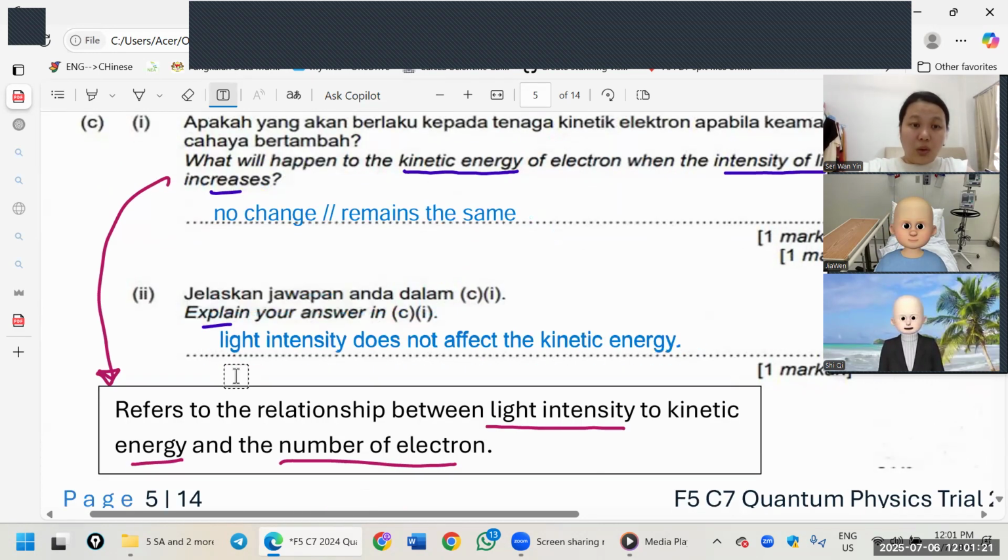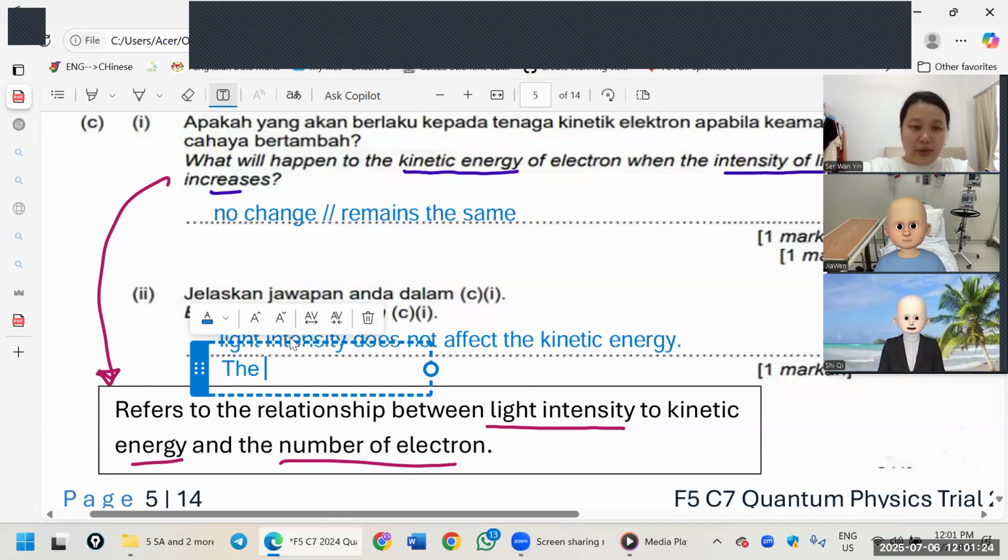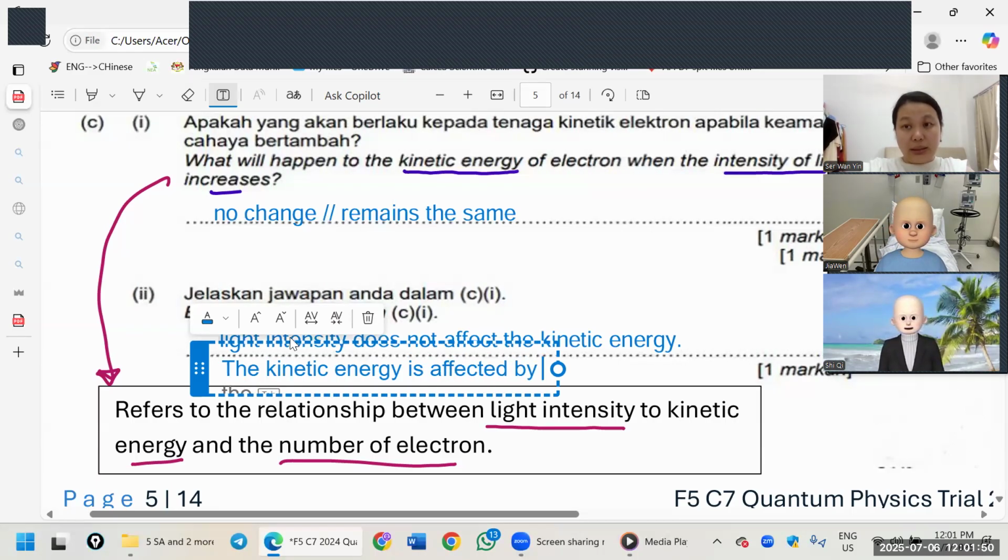Or we can say the kinetic energy is not directly affected by... If you want to say affected, you had better say in front what it is affected by, okay?